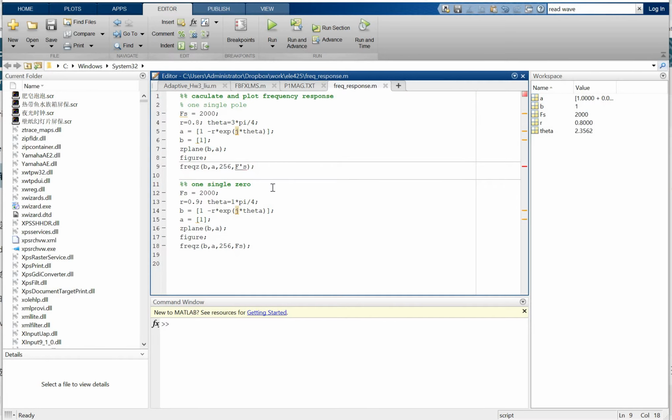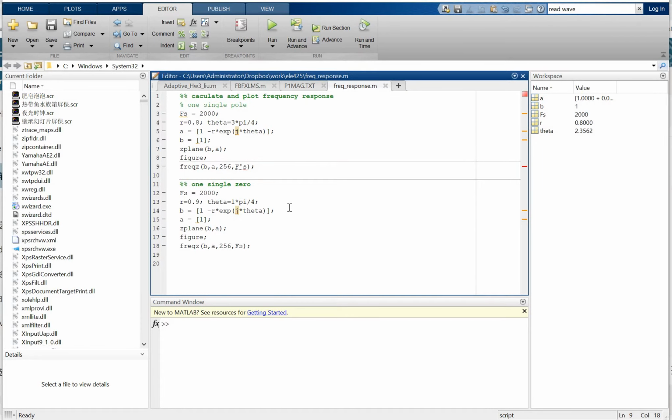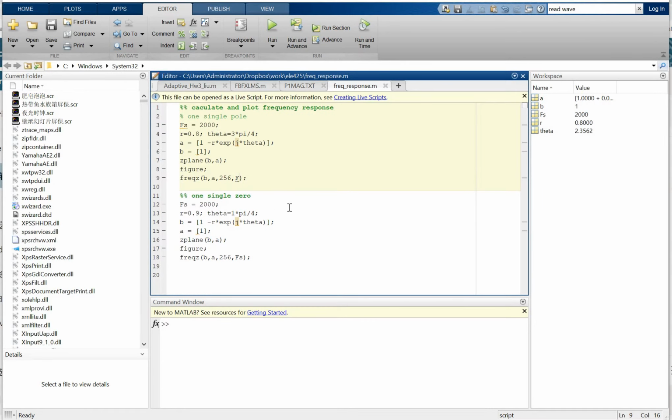Now I change my frequency Z to Fs. Now let's run it. There are two functions I used in this M file. First one, Z plane.